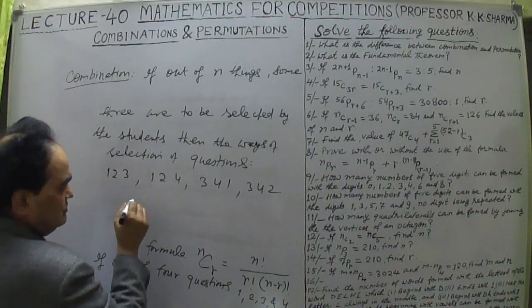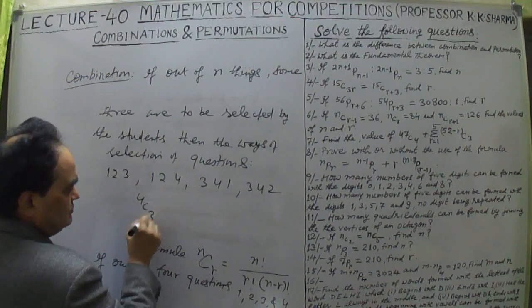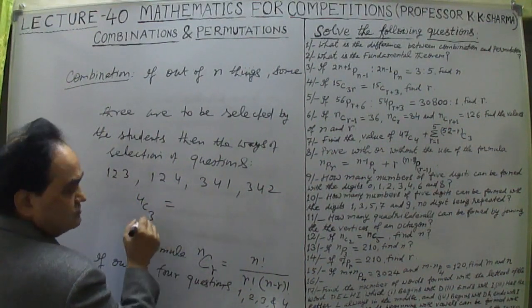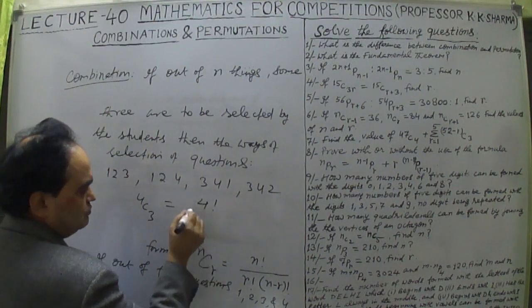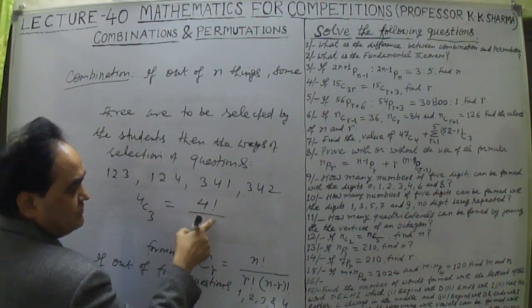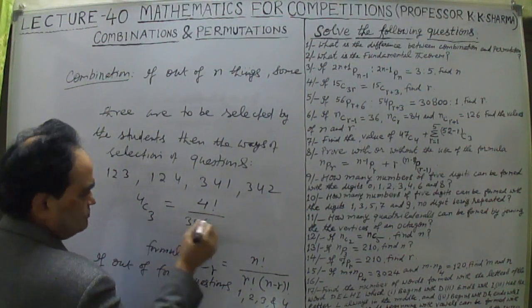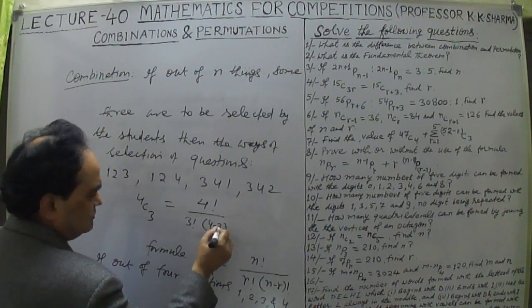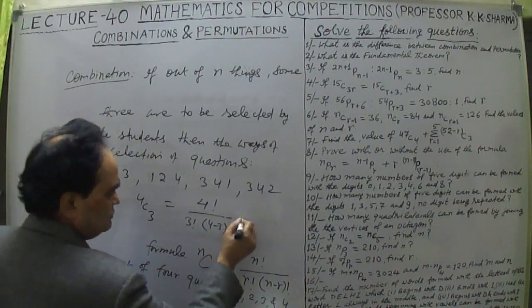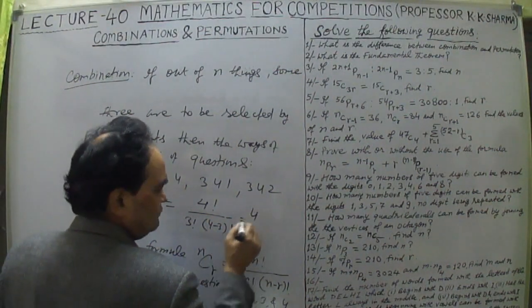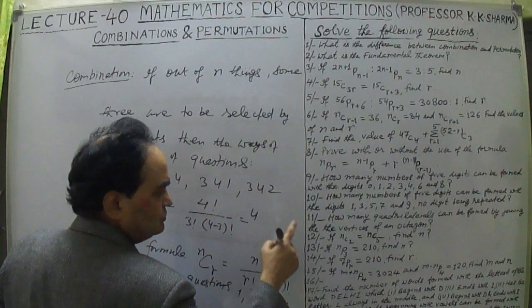Now what is the formula here? This is 4C3. The formula is factorial 4 in the numerator, and in the denominator factorial 3 and the factorial of the difference of these two, 4 minus 3. Factorial 4 means 4 into 3 into 2 into 1.